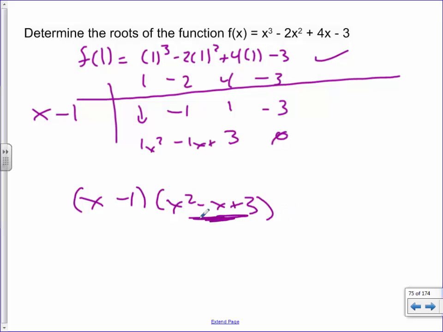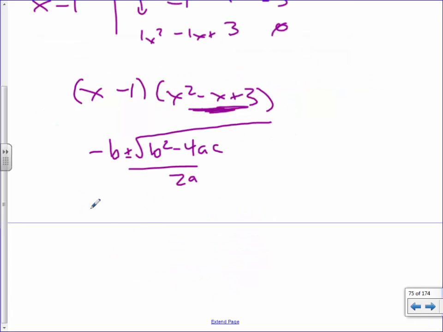There is the possibility that this leftover bit here is not something that you can factor. So you can still try the quadratic formula. You guys remember the quadratic formula by memory? 4ac. Yeah. Okay.